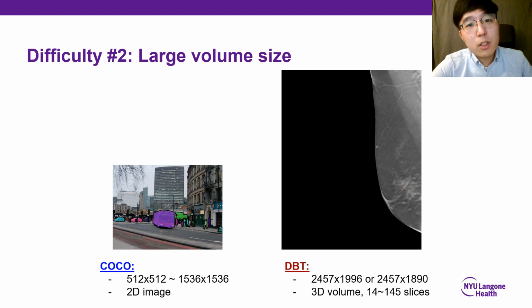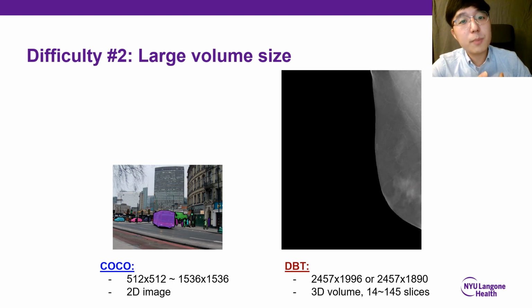The second difficulty of this challenge is the large volume size. In the original EfficientDet paper, images from the COCO dataset are resized to somewhere between 512 and 1536 pixels in both dimensions. DBT volumes, on the other hand, are much larger than the maximum input size used in the EfficientDet paper.